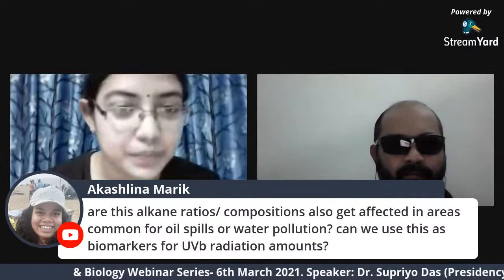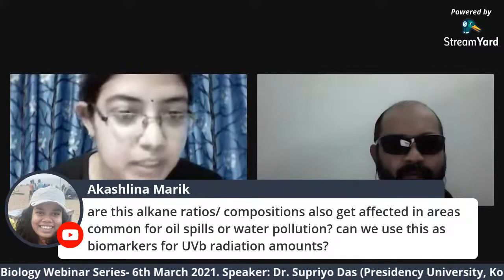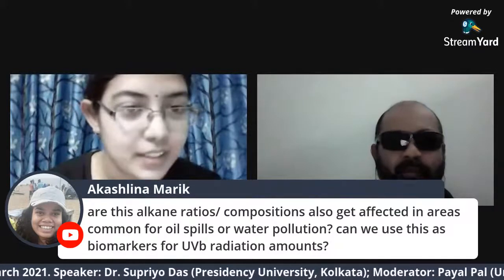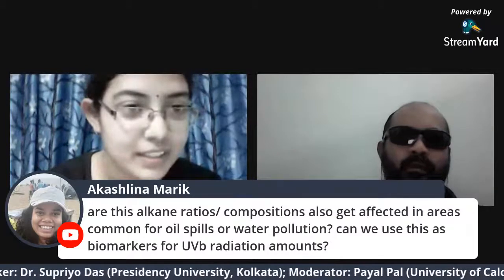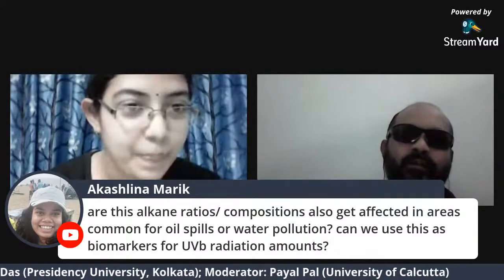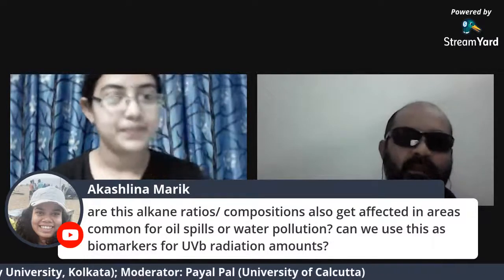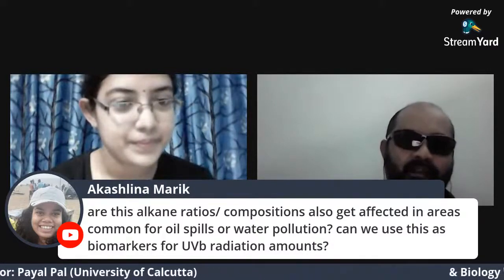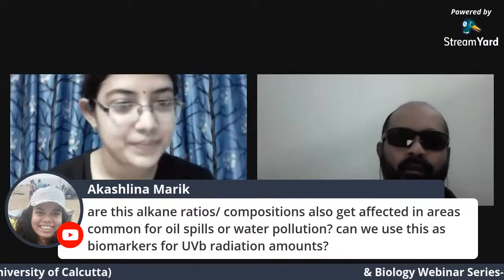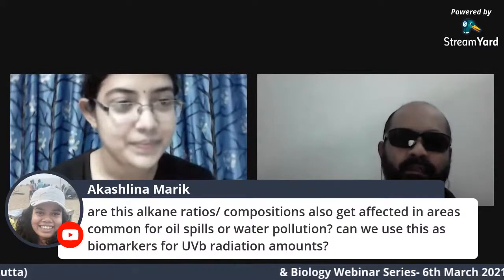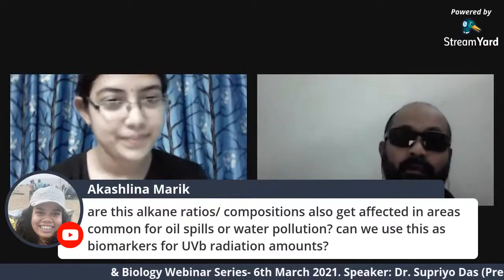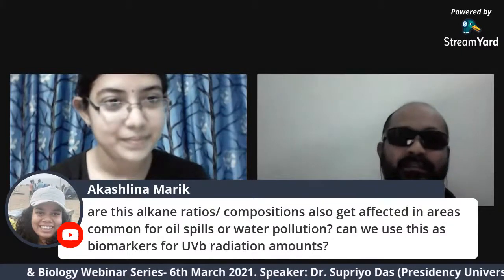See, can we use this as a biomarker for UV radiation amounts? We could, if we know the other conditions that can alter the alkane composition in the archive. When you are saying whether you could use it as a biomarker, to me it is about the past changes, right?